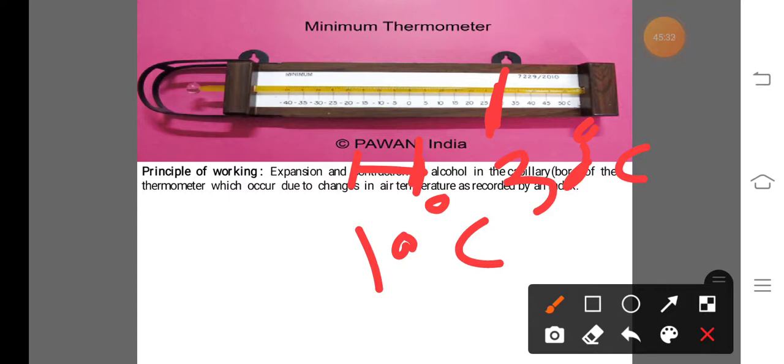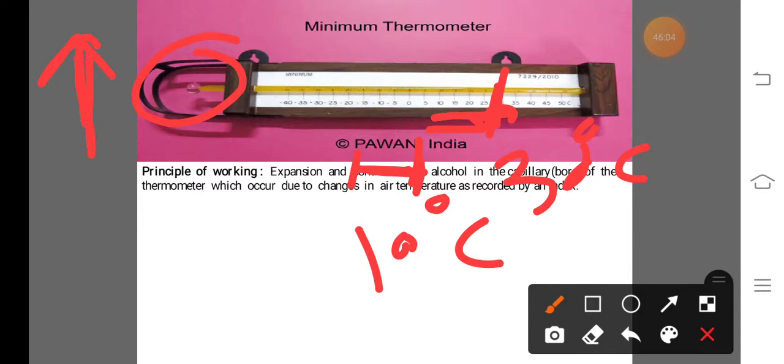To attach this index to the alcohol, this part is taken slightly upward inside, that means moving upward without removing it from the single Stevenson screen.